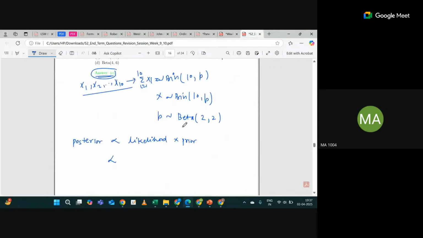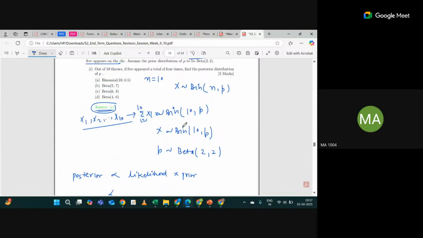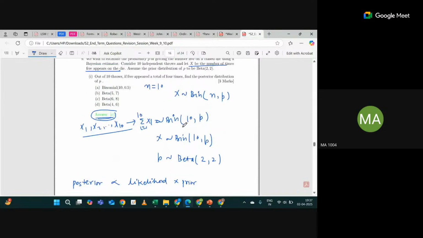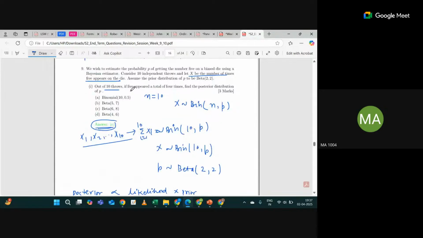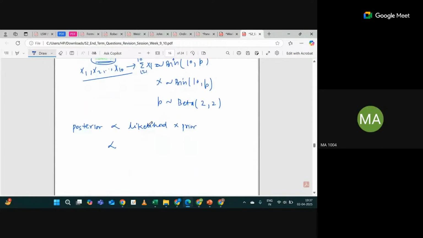So out of 10 throws, it says 4 times 5 appears. So W is 4. That means P into P into P into P, and the remaining 6 times you are getting some other number. So 4 times you are getting success, and the remaining 6 times failure, right?